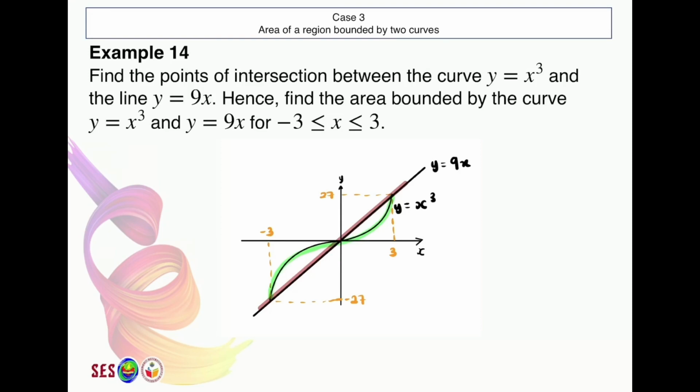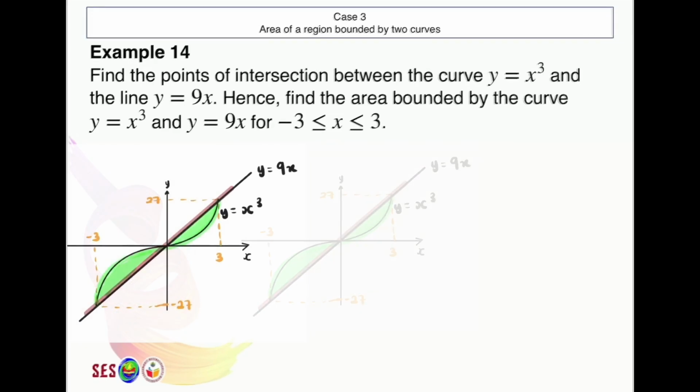Now, look carefully at our graph. We could see that there are two areas that are bounded by our boundaries, namely this area and also this. Just like before, we could separate our areas into two parts.